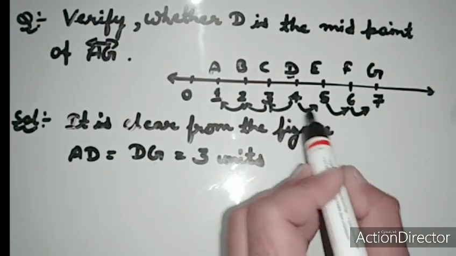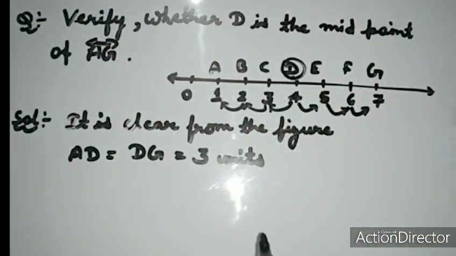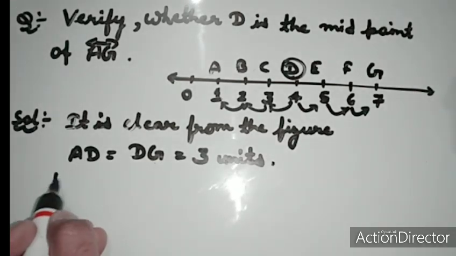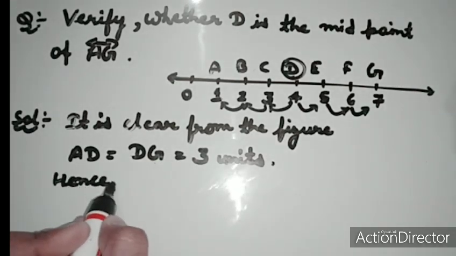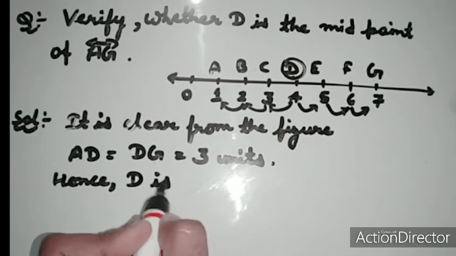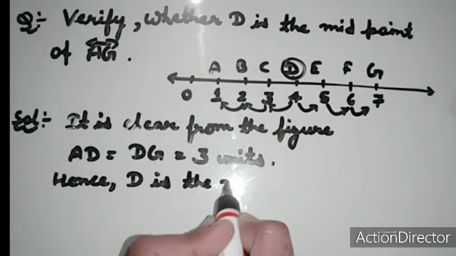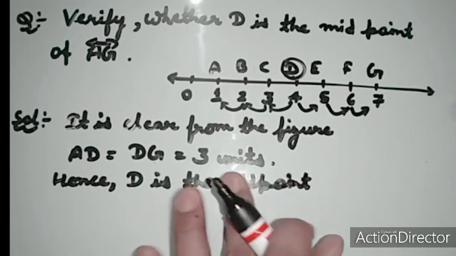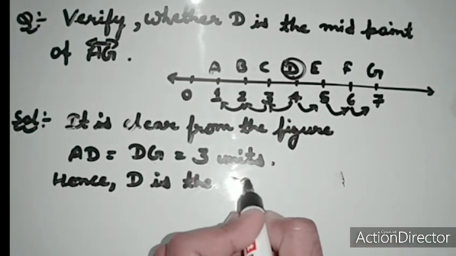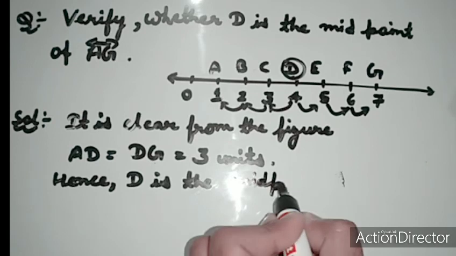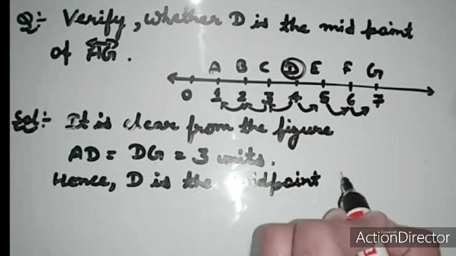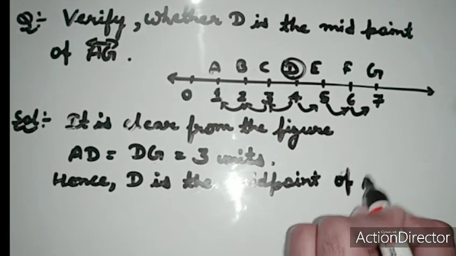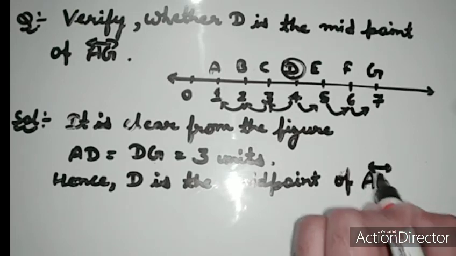Okay, these units are equal from D. So here we write hence D is the midpoint of line AG.